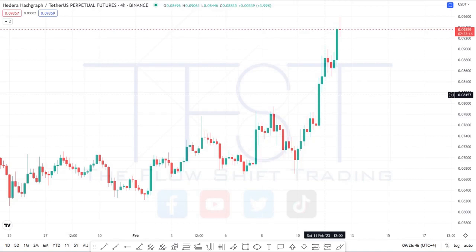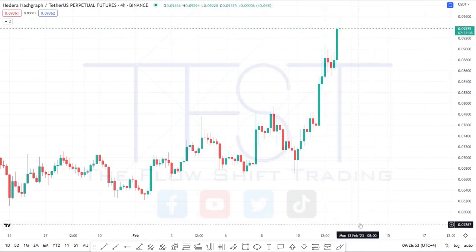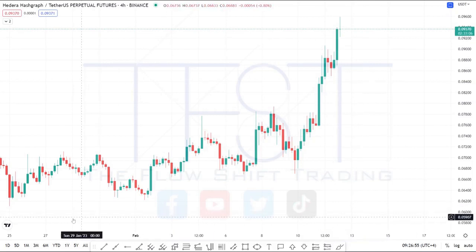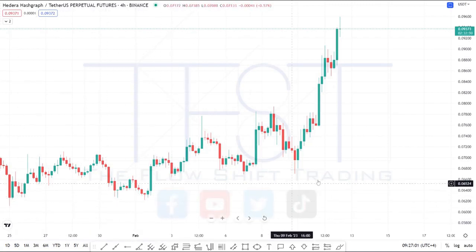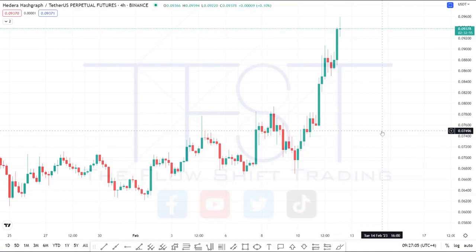Kasi at the end of the day, you are anticipating the intentions ng market players. And alam natin sa market, meron tayong different herds and different players. Meron tayo ditong retail traders, which is yung katulad natin.